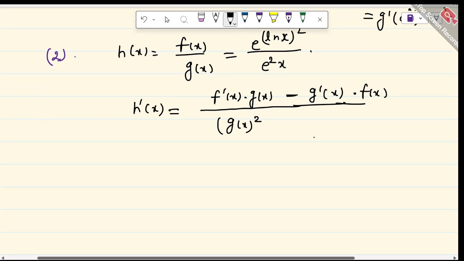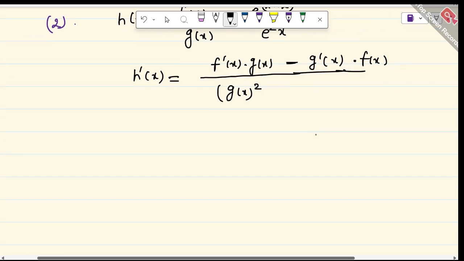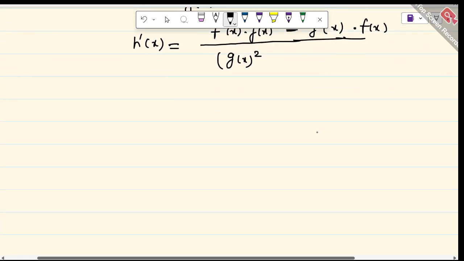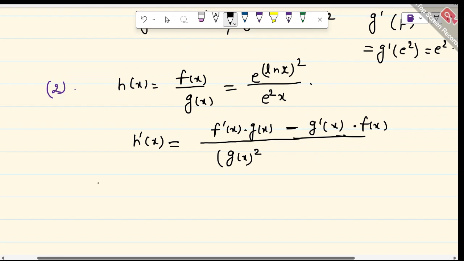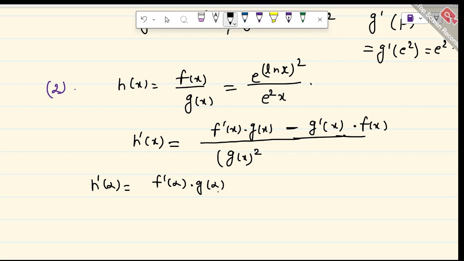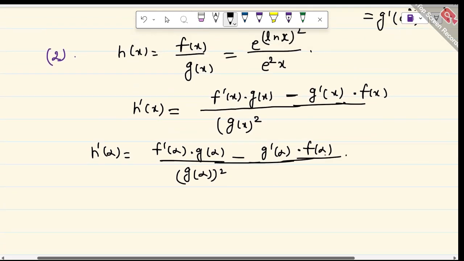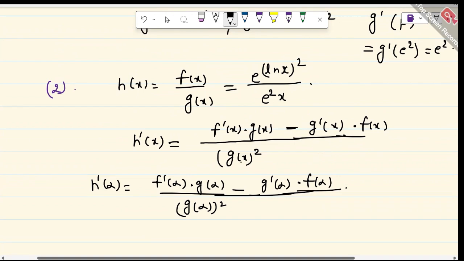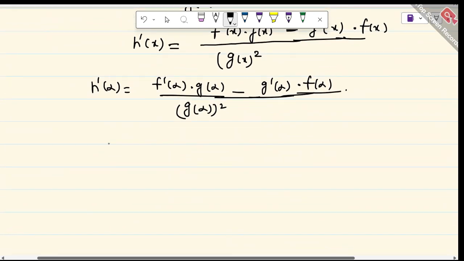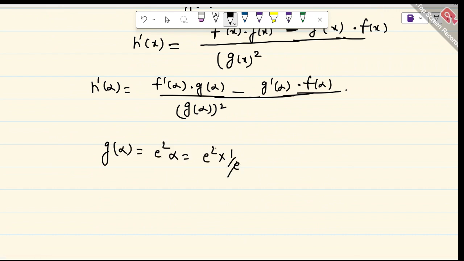Now what is the value of h'(α)? It is equal to [f'(α) times g(α) minus g'(α) times f(α)] over g(α) squared. Again, g(α) is equal to e² times α, and e² times 1 over e, so this e cancels and we have e.